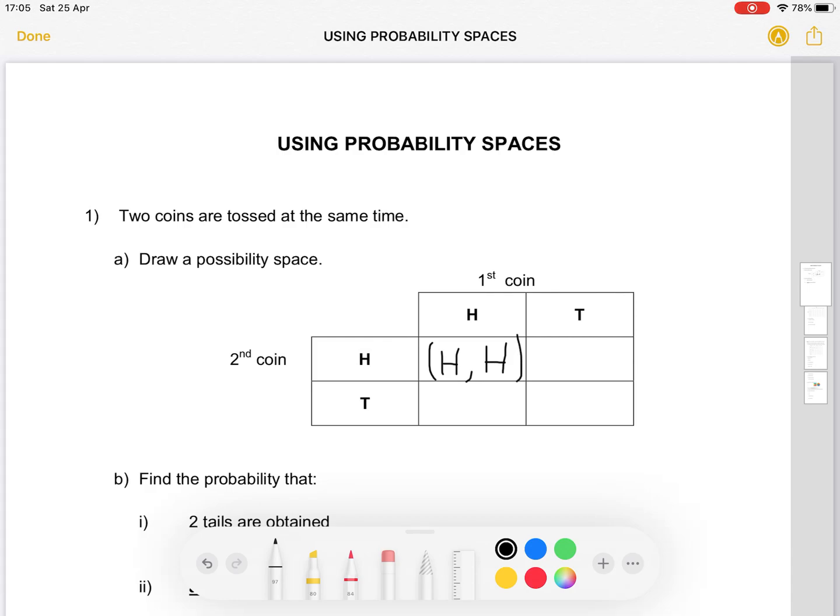In the box underneath, the first coin landed on a head, but the second coin landed on a tail, so H, comma, T. In the second column, the first coin this time landed on a tail, but the second coin landed on a head, so T, comma, H. In the box underneath, the first coin landed on a tail, and the second coin landed on a tail as well. So we realize that we have 4 outcomes.